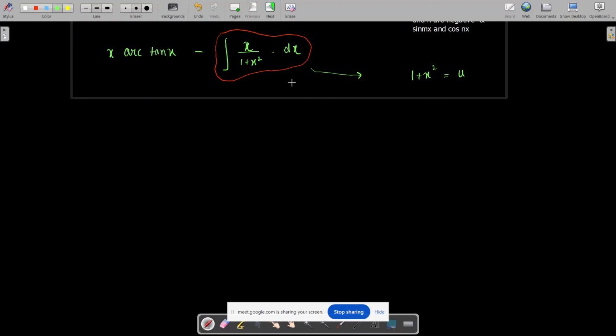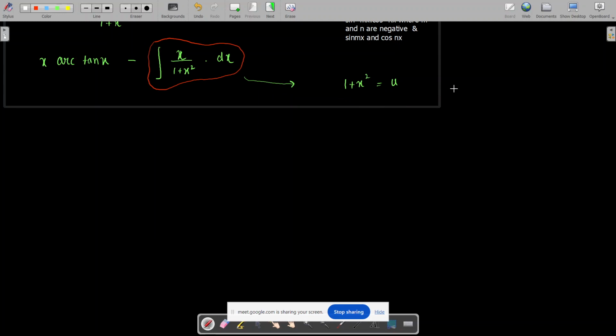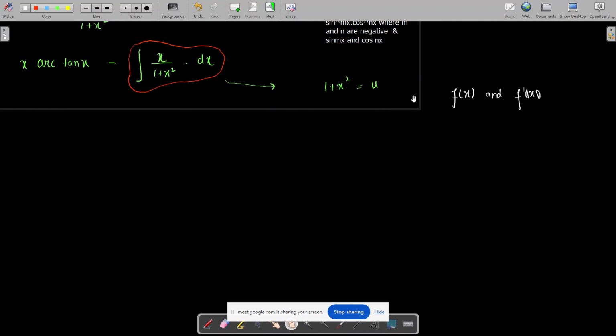Now let me tell you this trick. Whenever in an integral you see a function and you also see its derivative, it will always help to substitute this function as u.